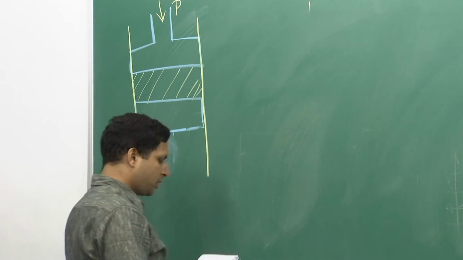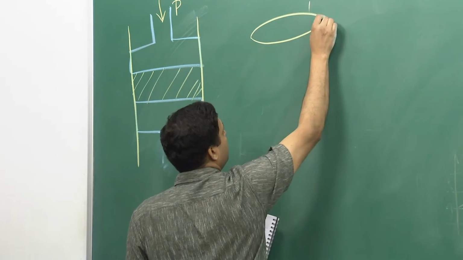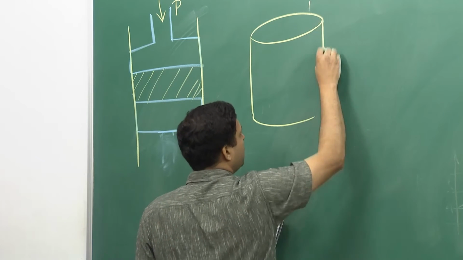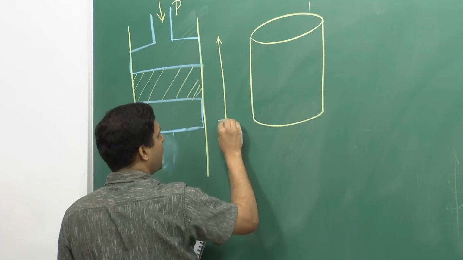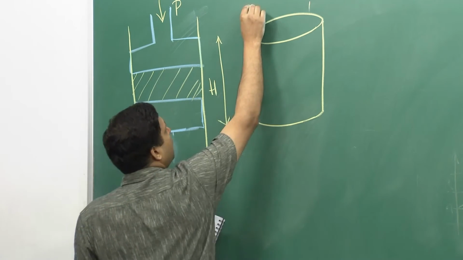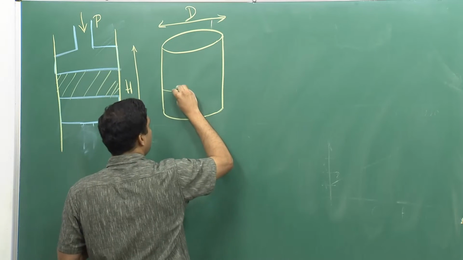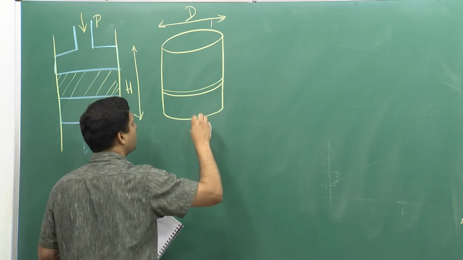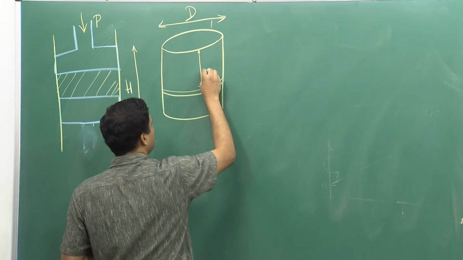Now, let us say we get a compact like this, which has a height h, and let us say the diameter is d. Now, let us do the analysis at a certain thin cross section, which is at a distance h.